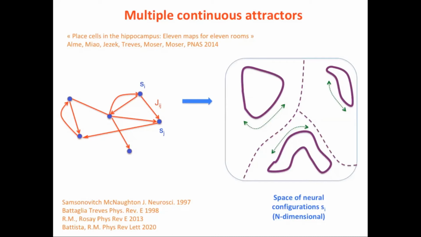So that means we can make a drawing, which corresponds to the central part of the slide, where a single network with some specific interaction Gij between the neurons should be able to accommodate at least 11, or let's say an unlimited number of attractors in the very high n-dimensional space.